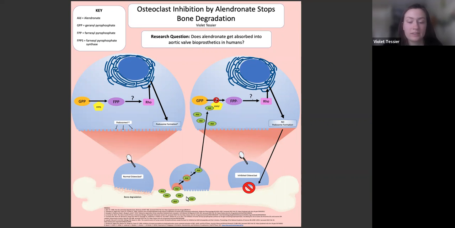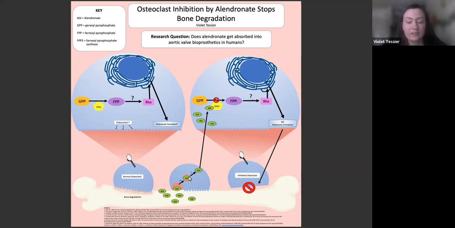So that's how a normal osteoclast functions. But in the presence of Alendronate, this process is inhibited. As you can see here, it is unable to bind to the bone and degrade it. The Alendronate here is in the matrix, like I said, and it comes into the cell. We're not really sure how; researchers haven't quite discovered that yet, but possibly by a vesicle.